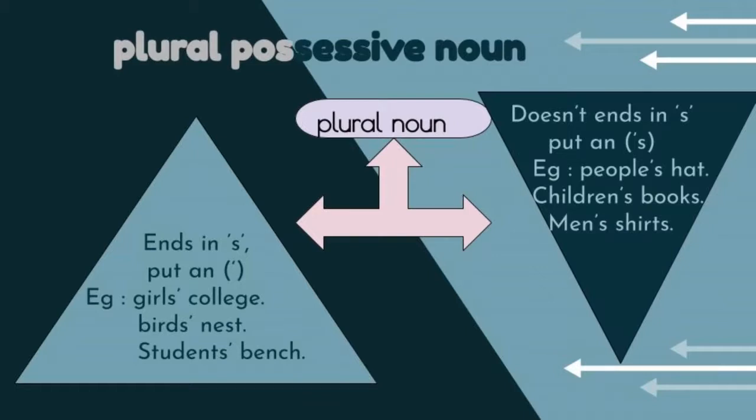So that's why we put an apostrophe s after the plural noun children. Let's move to the third example. Men's shirts. So men is a plural noun and not ended with the letter s. So that's why we put an apostrophe s after the plural noun men.